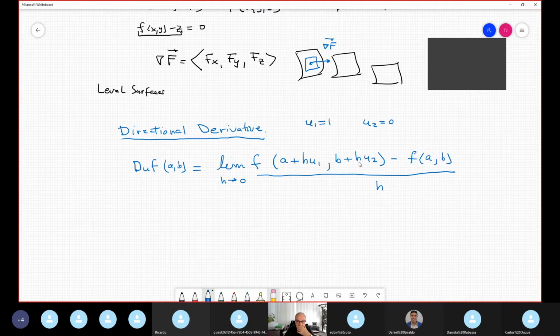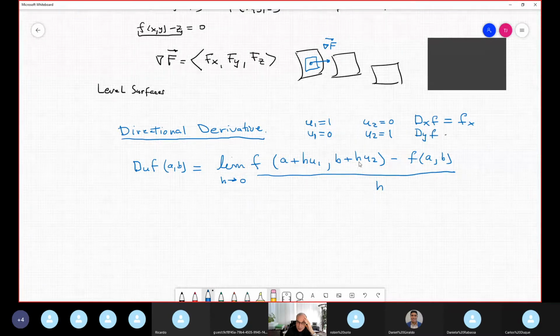This is the partial derivative with respect to x. Of course, the notation that we are using, the most important notation, is f sub x. If, for example, u1 is 0 and u2 is 1, this is the partial derivative with respect to y.